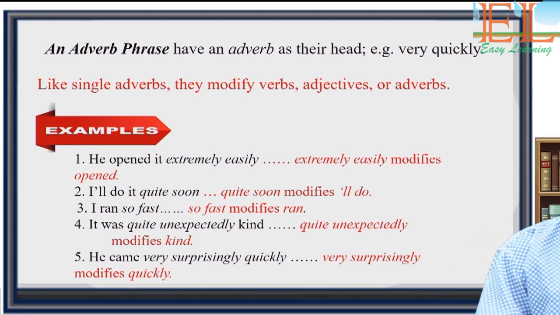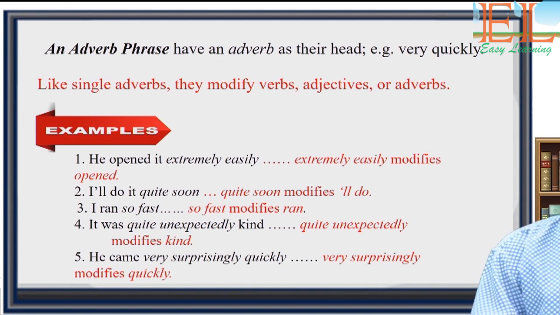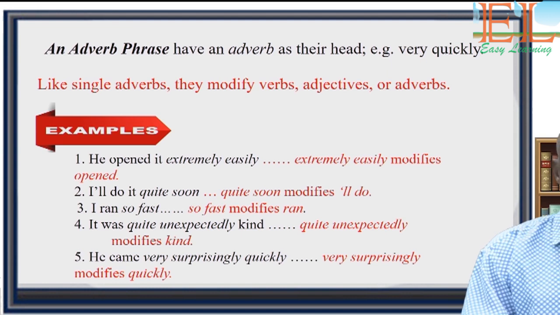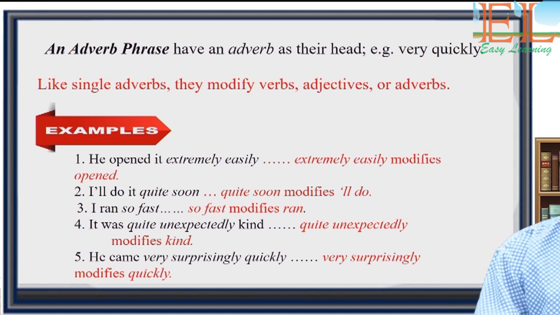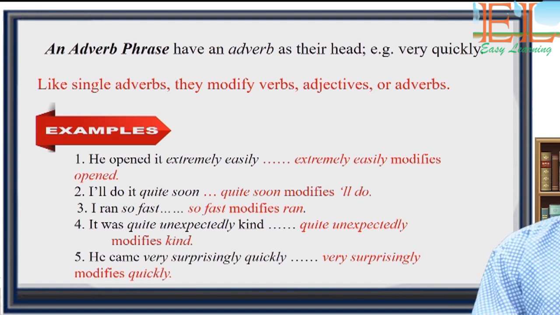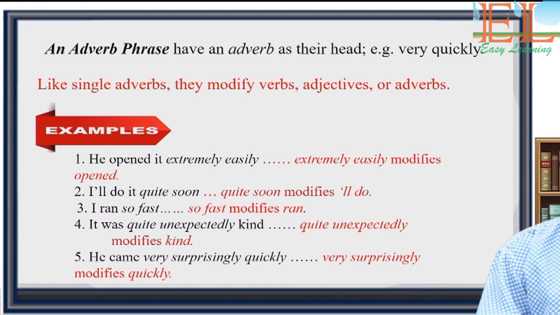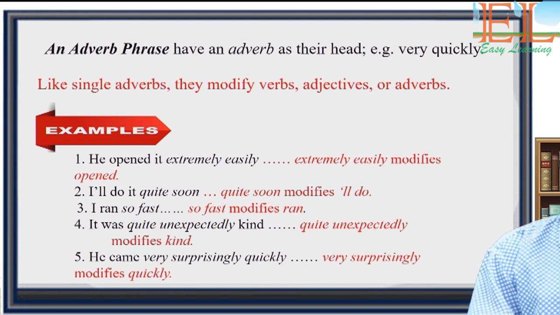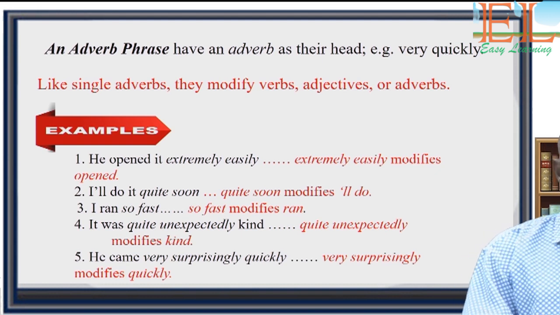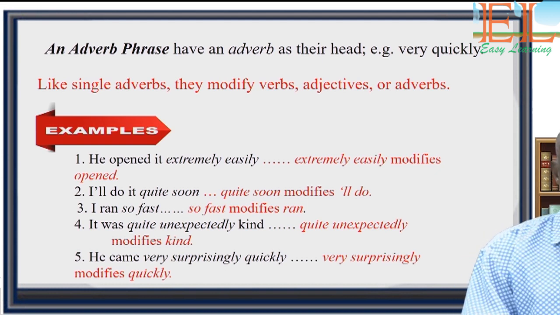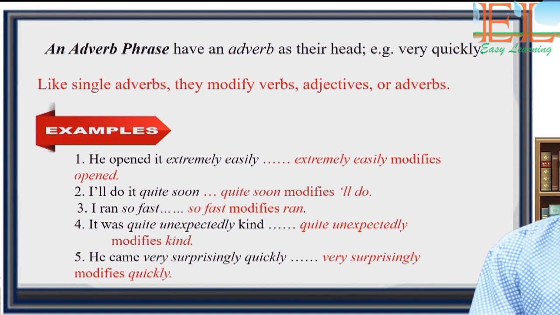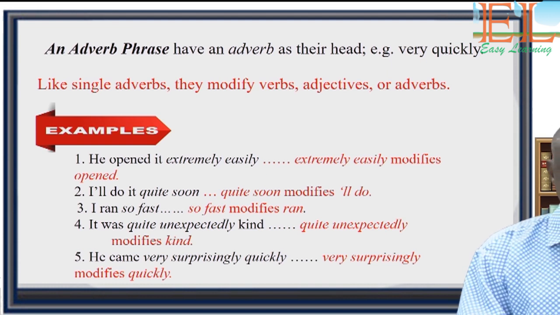Look at sentence 4. "It was quite unexpectedly kind." The adverb phrase there is quite unexpectedly, and it is modifying the adjective kind. Sentence 5. "He came very surprisingly quickly."